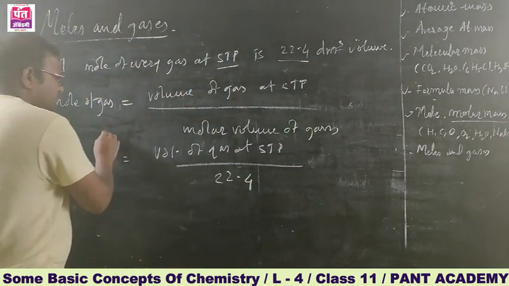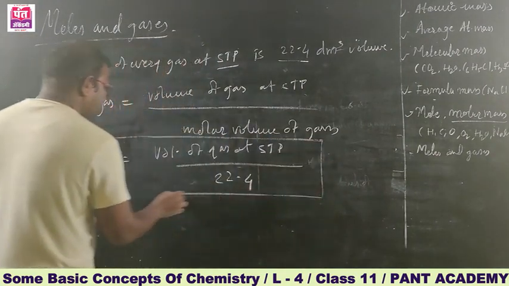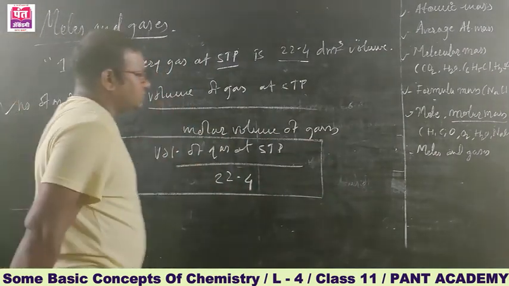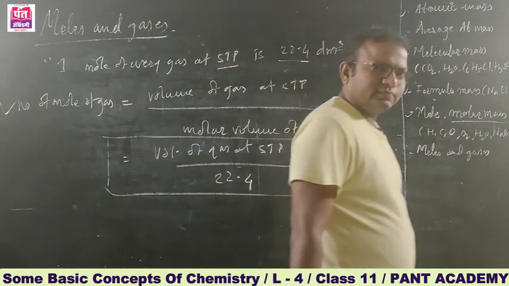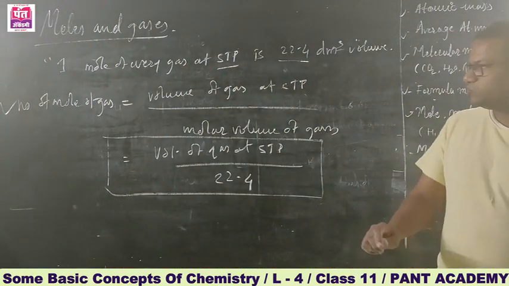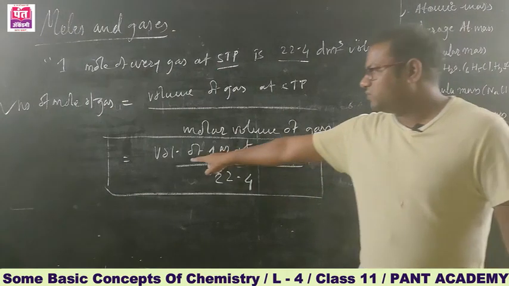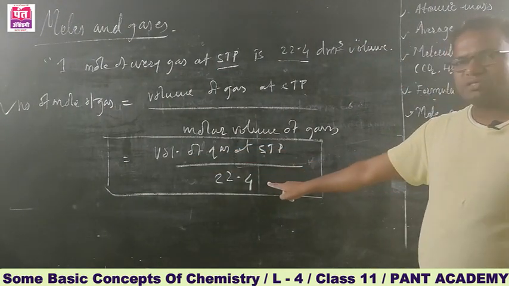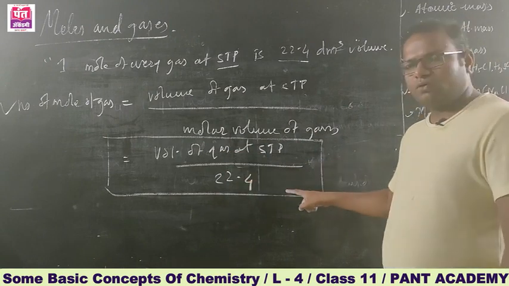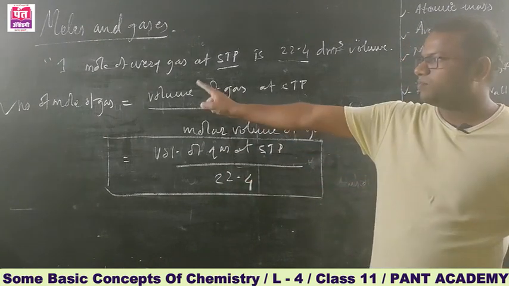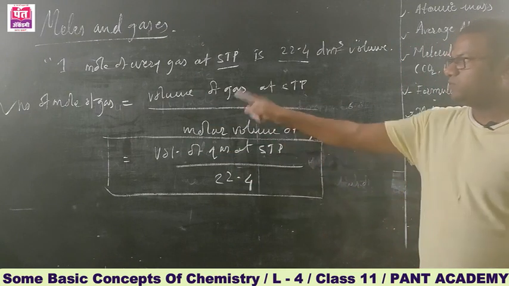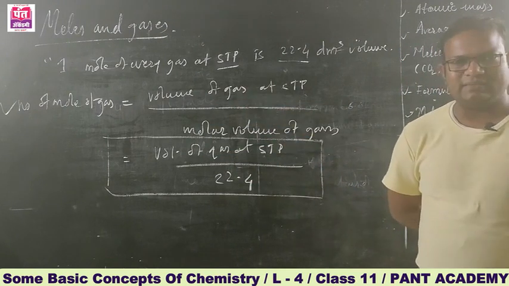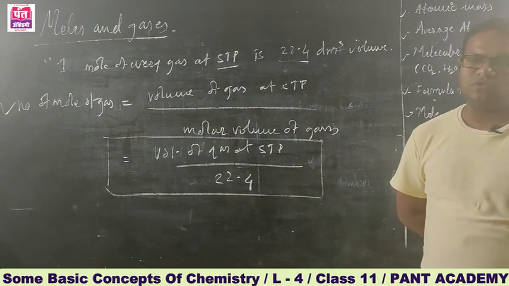If you calculate this, you will get number of moles of gases. तुम्हाला जर फक्त ही व्हॅल्यू मिळाली व्हॉल्यूम ऑफ गॅस ॲट स्टँडर्ड टेम्परेचर प्रेशर, you have to just divide it with 22.4, you will get number of moles of gas. तुम्हाला त्या गॅसचे मोल्स मिळणार.